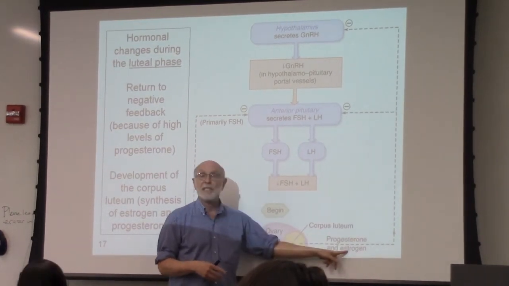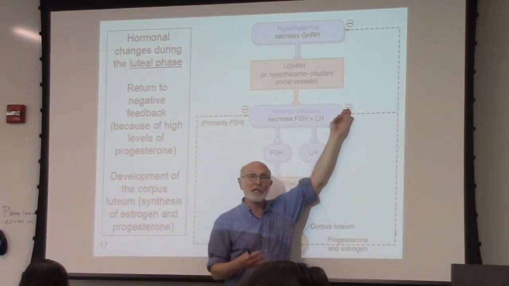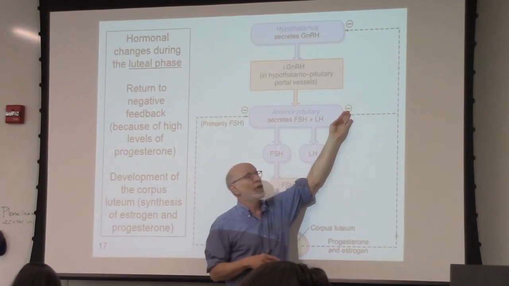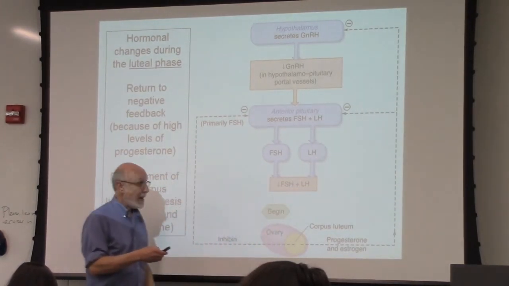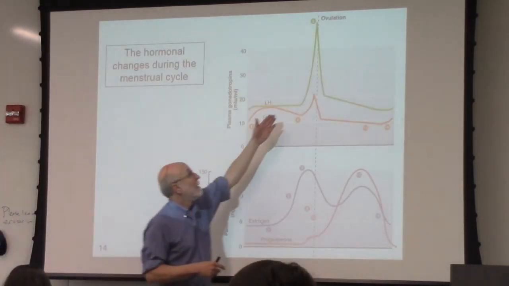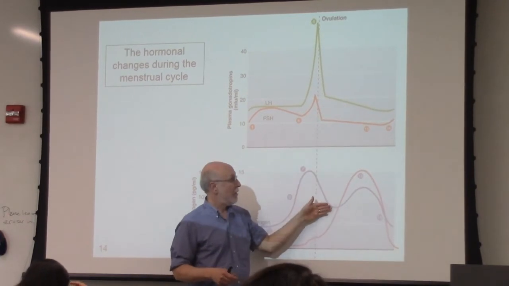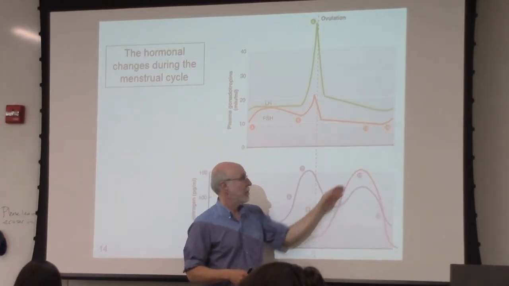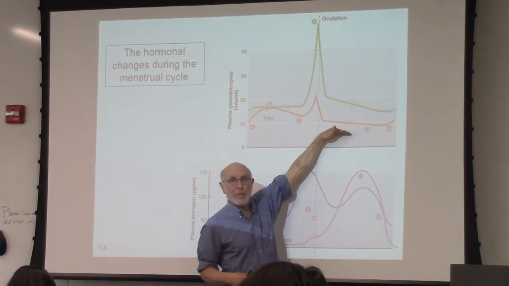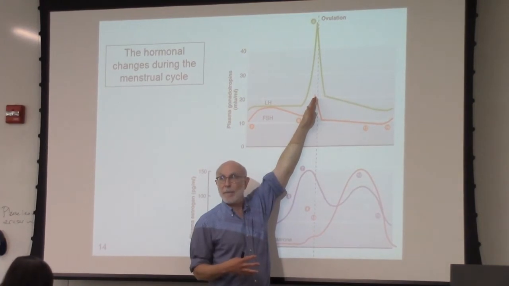Even though this is high estrogen, we now have high progesterone, and somehow the progesterone overrides the positive feedback of high estrogen and converts back to negative feedback, which is why we get a termination of the LH and FSH surge and a return to negative feedback, because we have high levels of estrogen, but we now have really high levels of progesterone, and the combination of estrogen and progesterone suppresses the LH and FSH surge because of a return to negative feedback.